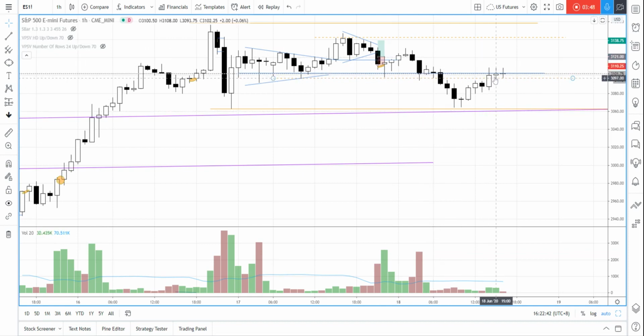Now it's getting some rejection here, and you can also see the price stalled somewhere around the 3001 level. So this is an axis line which is currently working at the moment, but don't think the line is that strong, because it's just a minor support resistance level within the trading range.